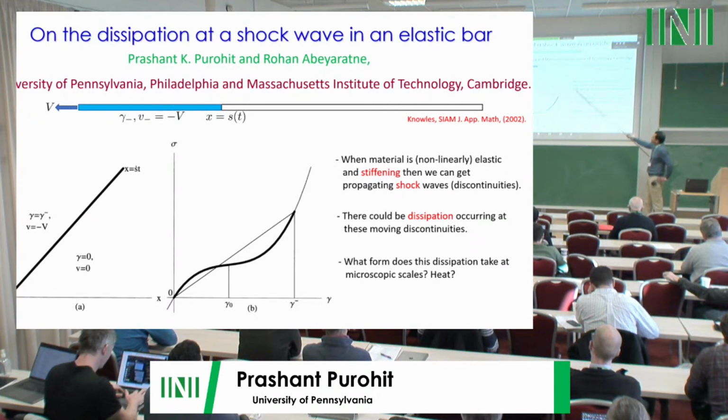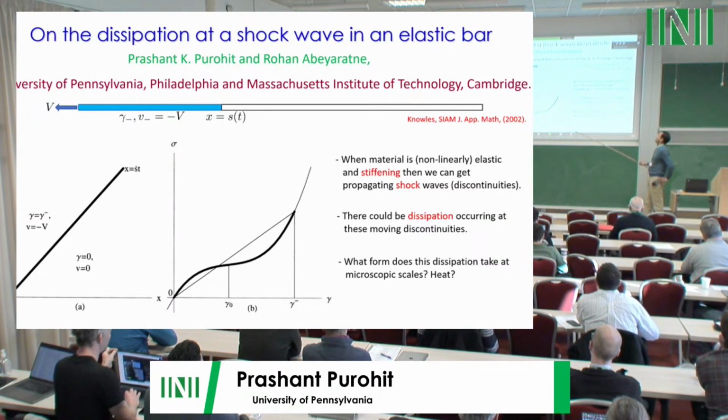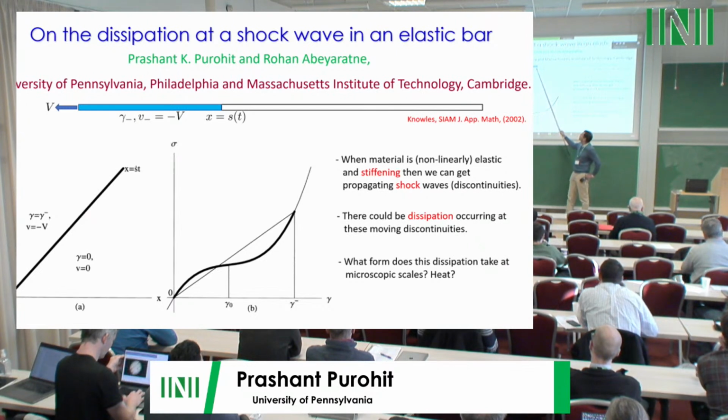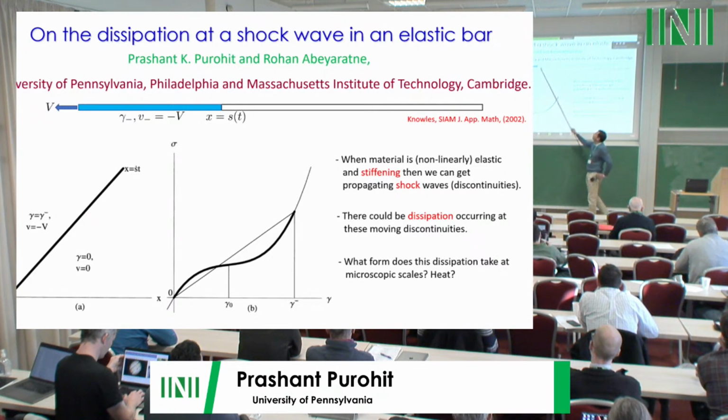Now, at these shock waves, you can get dissipation occurring, and the dissipation can be computed by determining the difference of the work done at the boundary minus the strain energy and kinetic energy stored in the bar. So that's the dissipation that is occurring at this shock wave, and conveniently, it can be written as a local quantity which is in terms of the difference in strains ahead and behind the discontinuity.